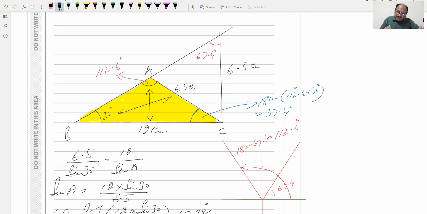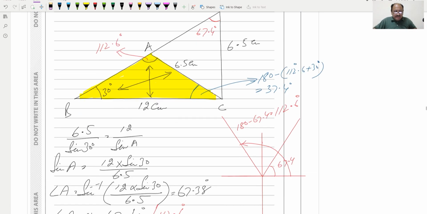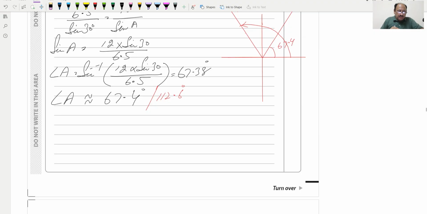Now we got this angle also 37.4, and we have these two sides also, so we can use the formula half into AB sine C, and this will be the area of the smaller triangle.